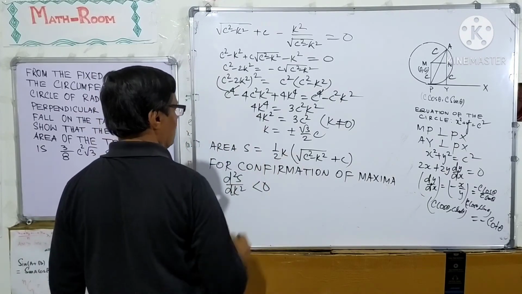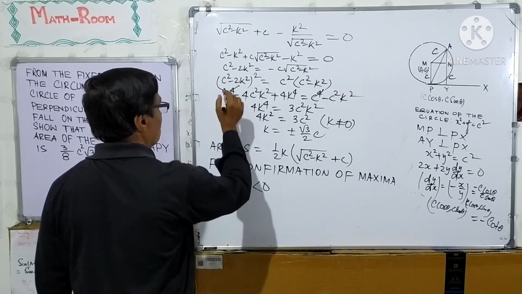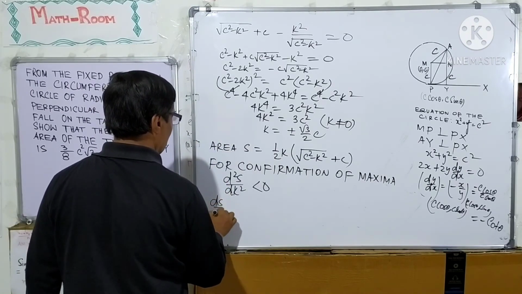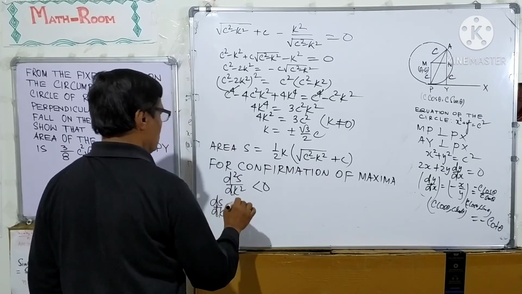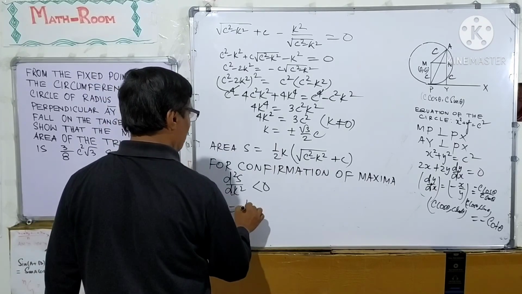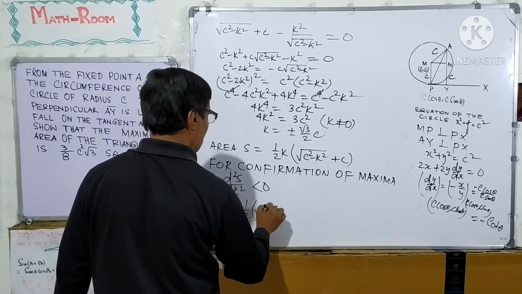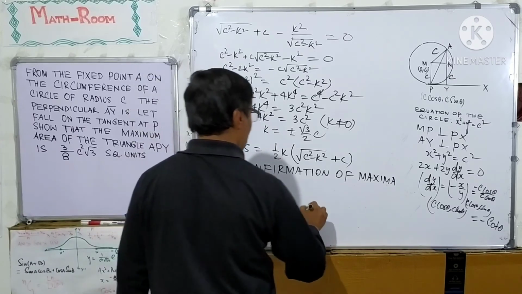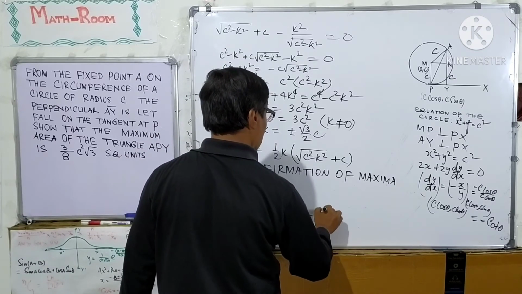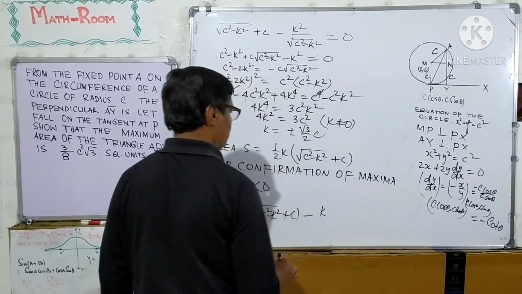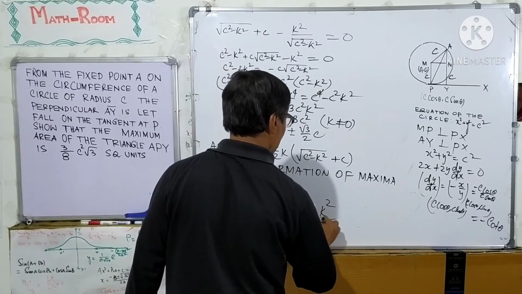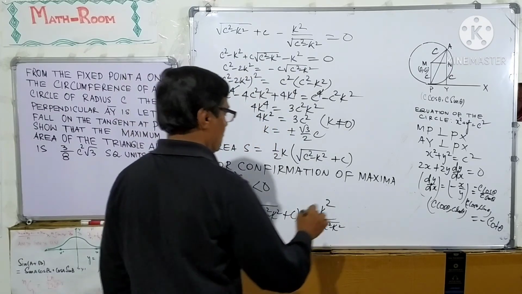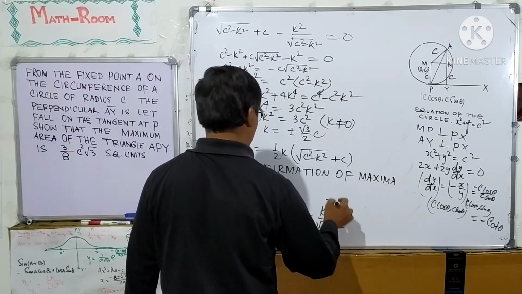So, second order derivative. dS/dk was half into plus c minus k square over root of c square minus k square.